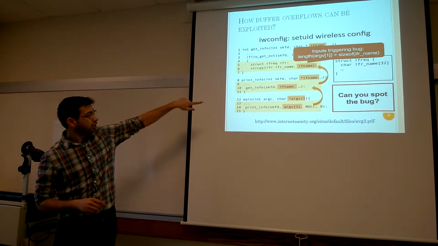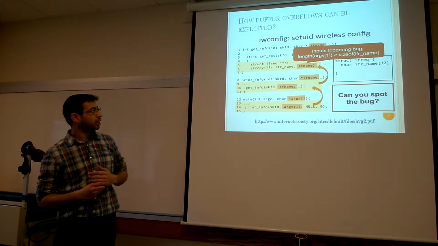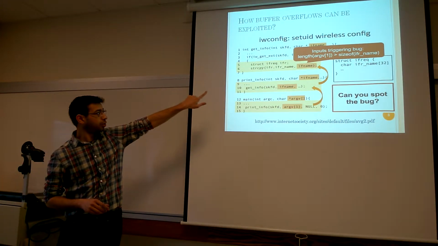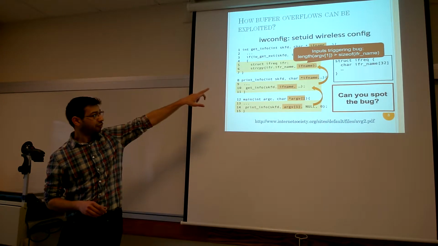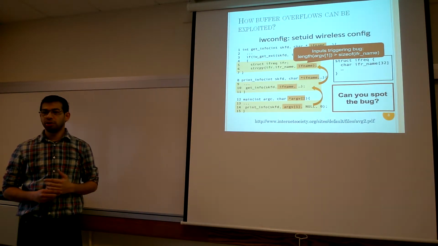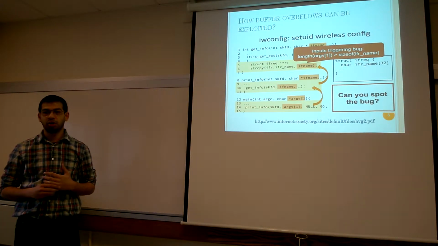Later on we see that it goes back to this method where a strcpy copies the string into this variable, but that ifname has been taken from the user input. So a user can potentially give it any length, and that would cause a buffer overflow.